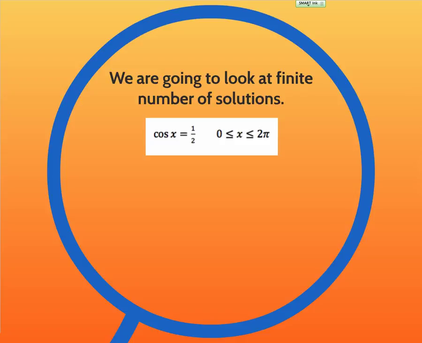So what you want to then do, this is just one unit circle. You're going to look at your unit circle for your solutions. So where does cosine of x equal 1/2? Very good, pi over 3.